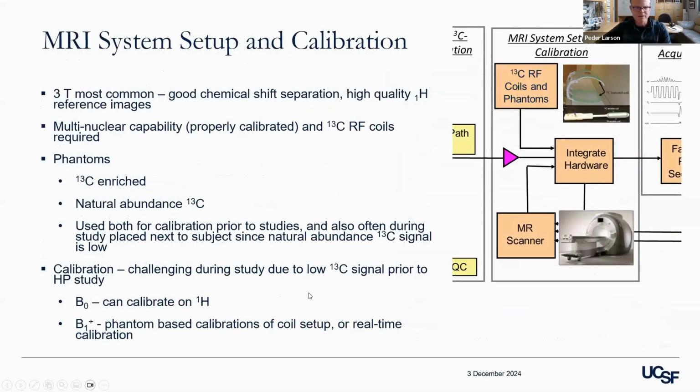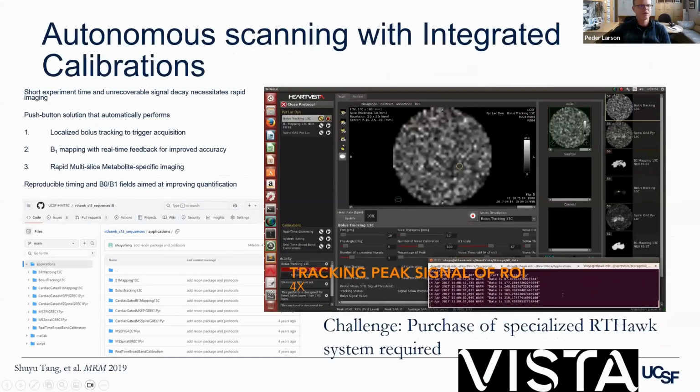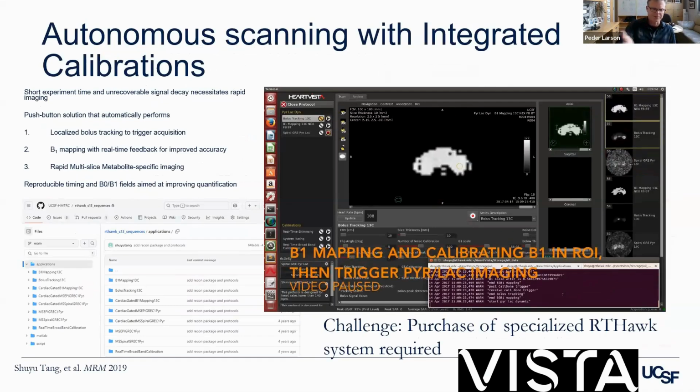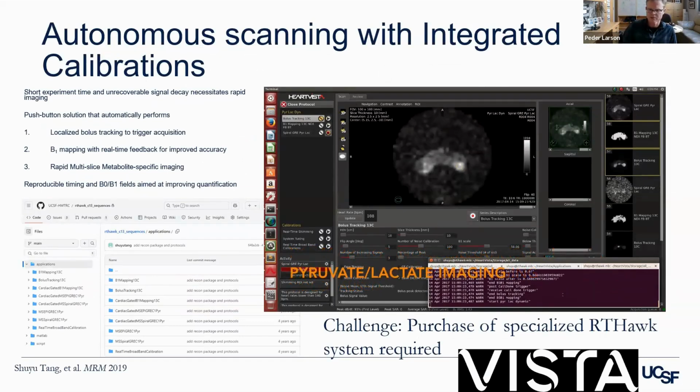So I've done a little bit on the calibration bit here. We use this RT-Hawk software from Vista AI, formerly HeartVista, to do some automatic tracking and calibration that are going to be shown in the movie here. And we have this sequence code available.